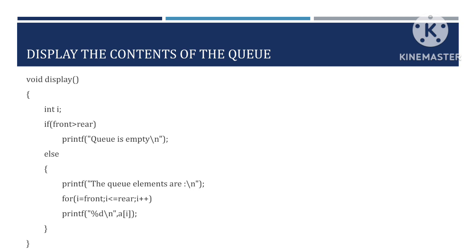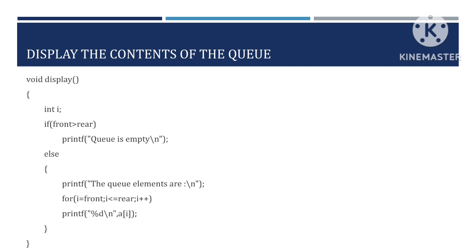Front is assigned to I, and that I will go up to rear by incrementing one position at a time. That means I is equal to I plus 1 every time. So this function will display the content at a particular time.